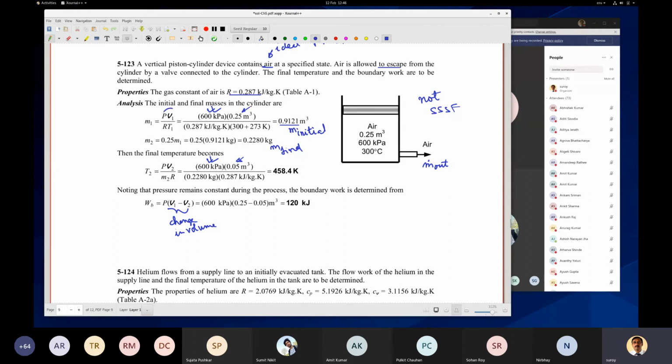At that pressure, if you know this change in volume, the initial temperature and the final temperature also become known. Pressure and volume are given and the mass is the same, so you can find out the work done. So if you have so much air going out, you know what work is being transferred because the piston goes down.